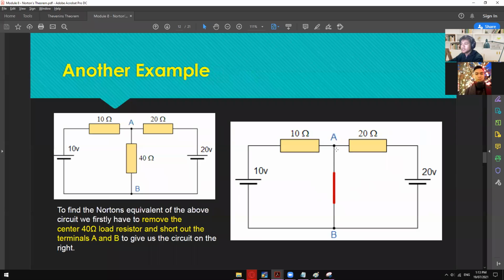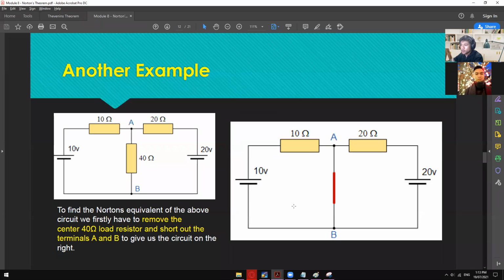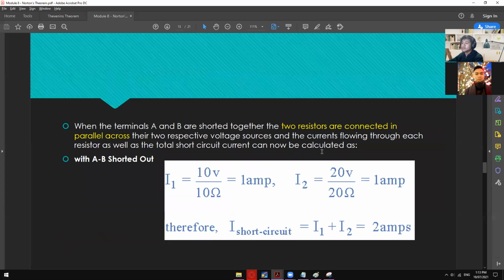The same concept with what we have in here. After leaving this one open, and then after removing the sources, just short this one. Hindi lang pinakita kasi solution na kaagad yun dito. But yeah, just short this voltage source right here. And then you can now combine this 10 ohms and then 20 ohms via parallel.